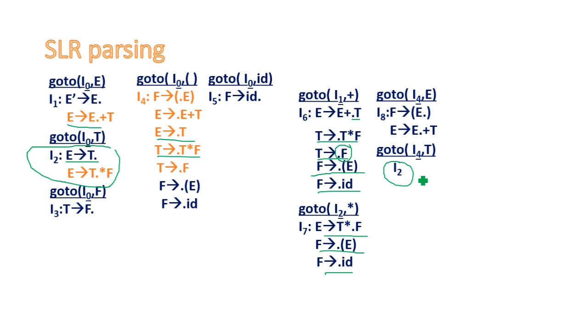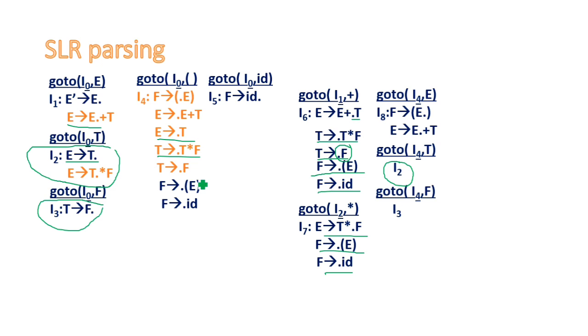Now when we go to I4 comma F, dot is before F. When we do that, we will get T tends to F dot. T tends to F dot is already available in item set 3, so goto of I4 comma F will be resulting in item set 3.